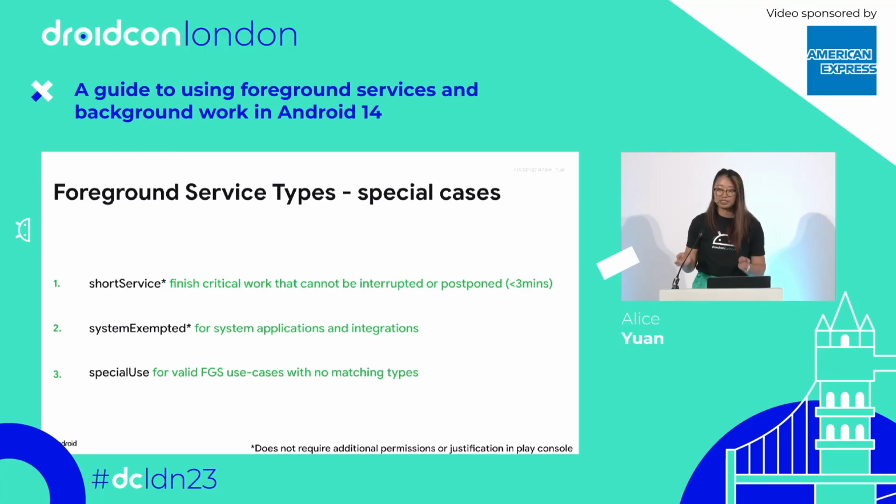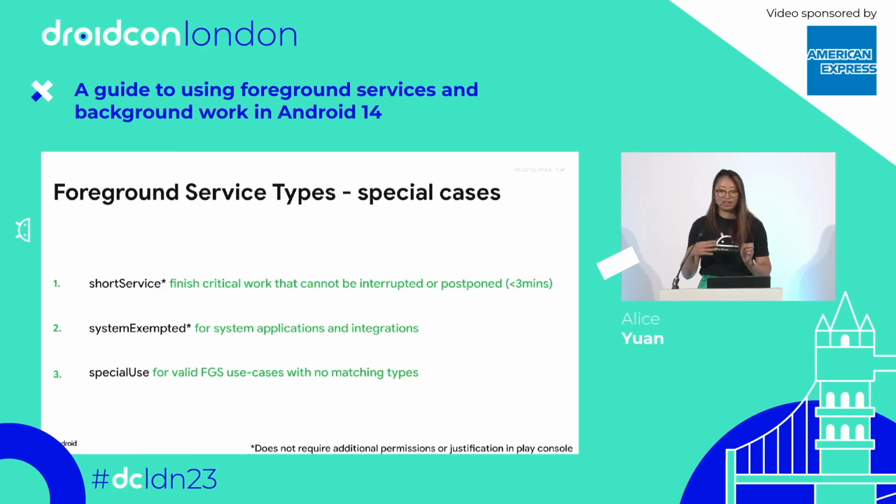We have also introduced some special types in Android 14 that are not use case specific. Short service is meant for finishing critical work that cannot be interrupted or postponed, and it can only take up to 3 minutes. An example of this is saving data to a disk or finishing a payment.